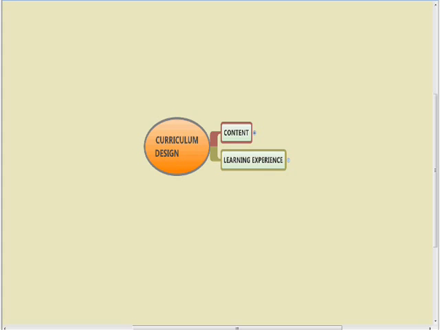Okay, curriculum design. Let's focus in on curriculum design directly, right? So for this course I will be only covering content and learning experience, because I will leave the evaluation to be taught in the assessment course. But nevertheless, please be mindful that curriculum design has everything, right?